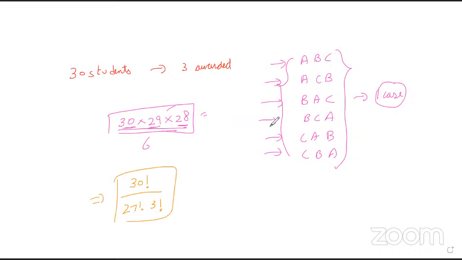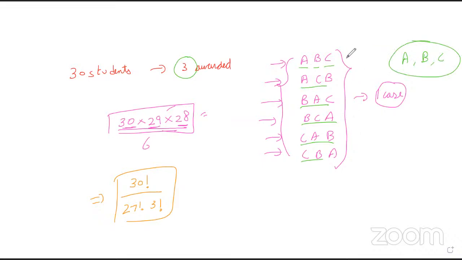Sir, why are we considering 3 factorial in the denominator? Because at the end, only 3 students should be awarded, right? We are not distinguishing that the first one gets the gold medal, second the silver, third the bronze. The only thing that matters is which 3 students are awarded. Whether A finishes first, B second, C third, or in any other order, in all these 6 cases the students awarded are A, B, and C only.